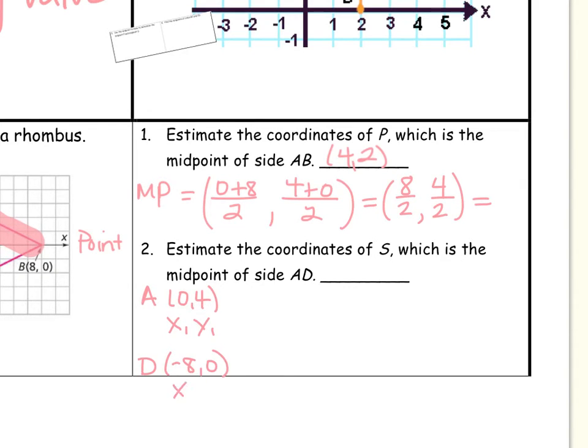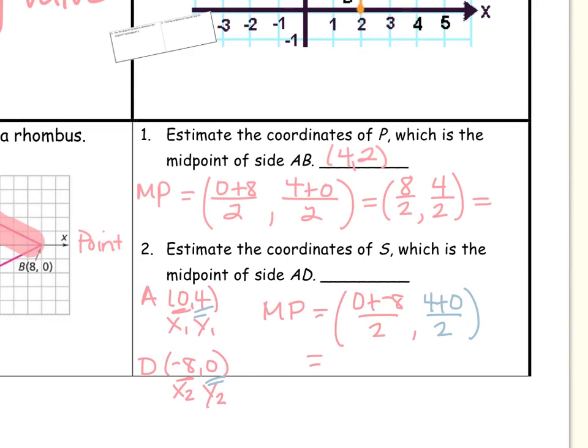I'm going to use that as my second point, so that's my x2 and my y2. To find the midpoint, I need to take my x1 and my x2, find the average, so it's 0 plus -8 divided by 2. Then I need to take my y1 and my y2, find the average, which is 4 plus 0 divided by 2.